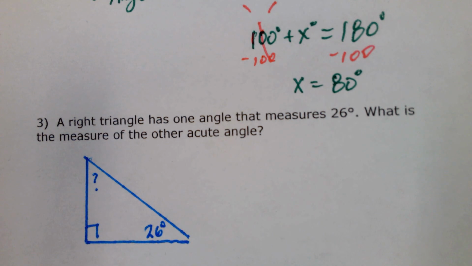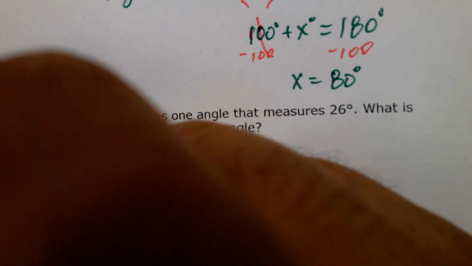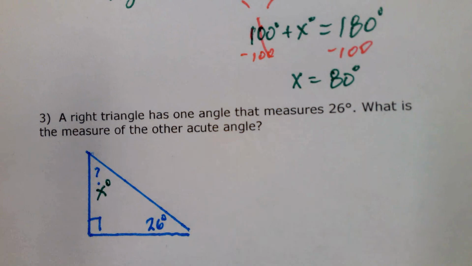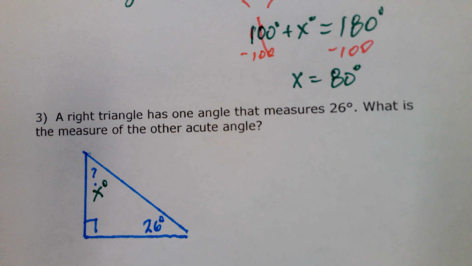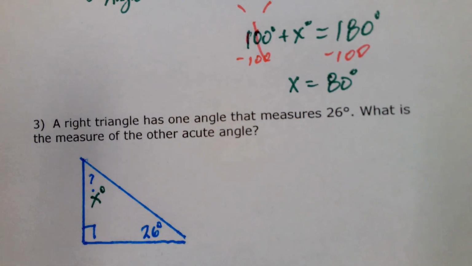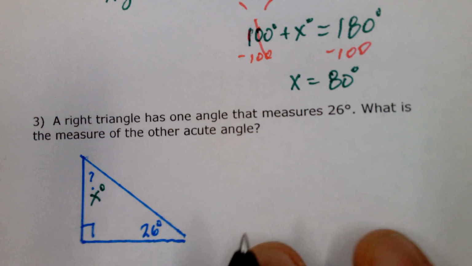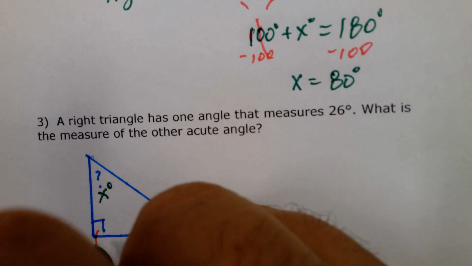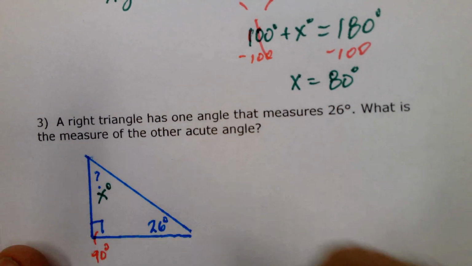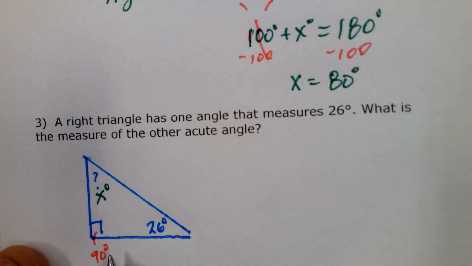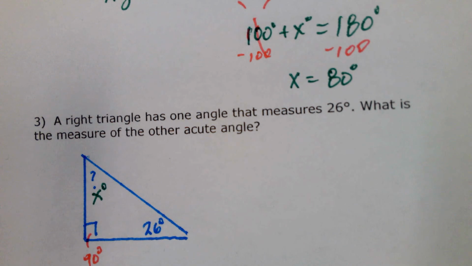Well, let's make it x as well. We'll say it's x degrees. And Kaylee, you told us this is 90. So we got 26, 90, and x is 180.